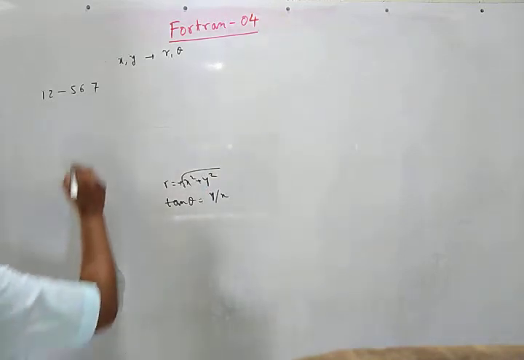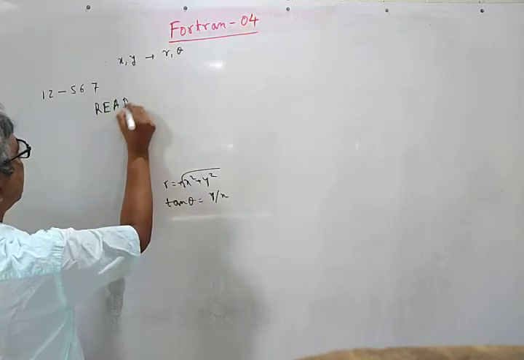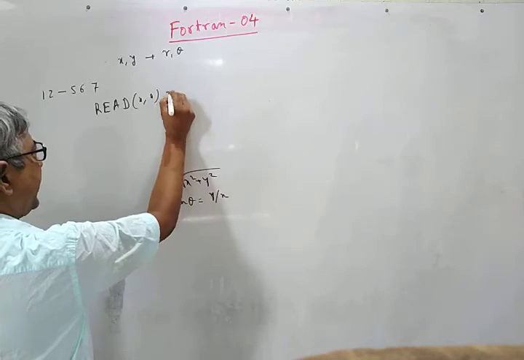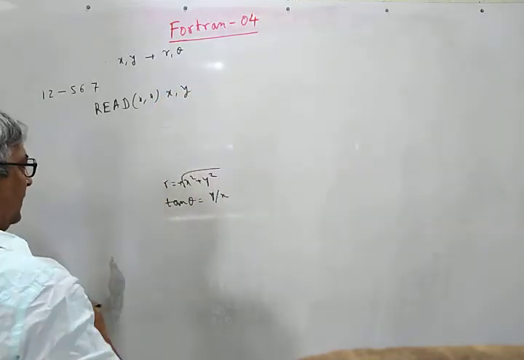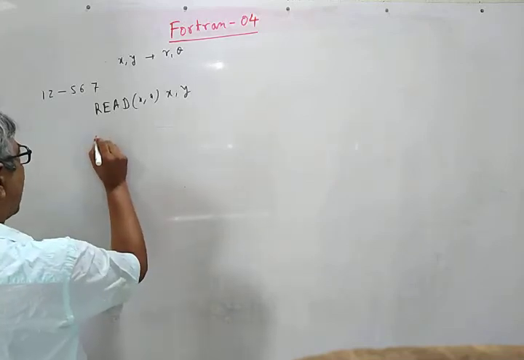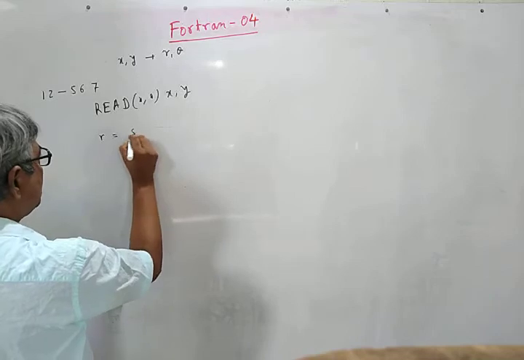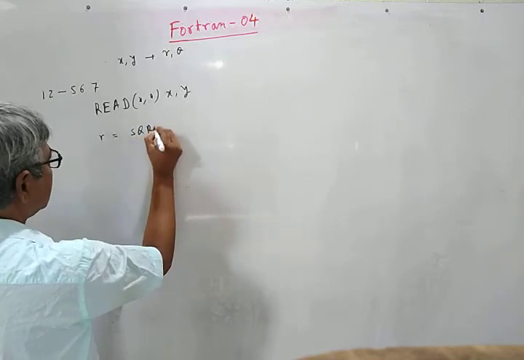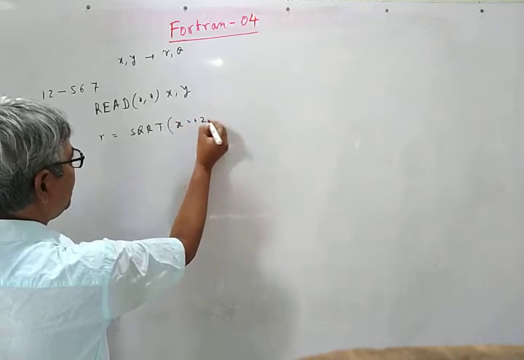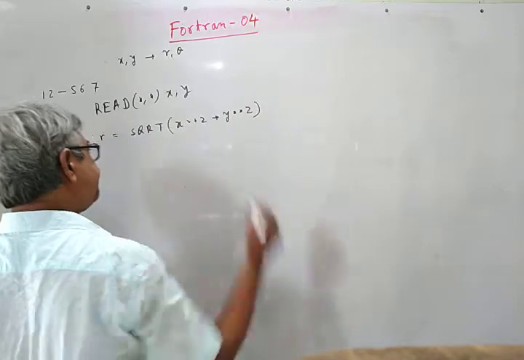So first thing is that read x, y, then we write r is equal to the square root of x double star 2 plus y double star 2.